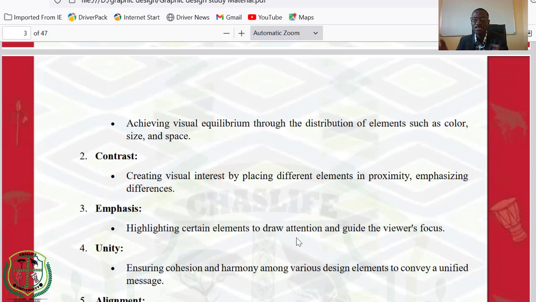So when you write certain things in a certain color, or you write it in a certain way, it attracts attention to a particular component. So as a designer, when a viewer needs to pay attention to a certain component, you need to design it in a certain way.